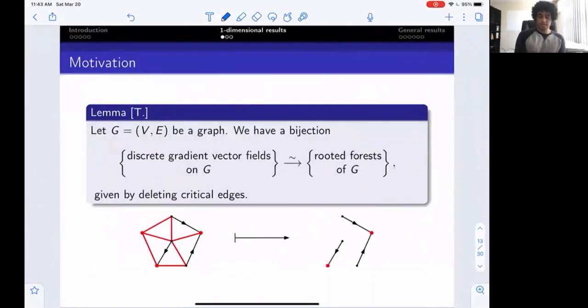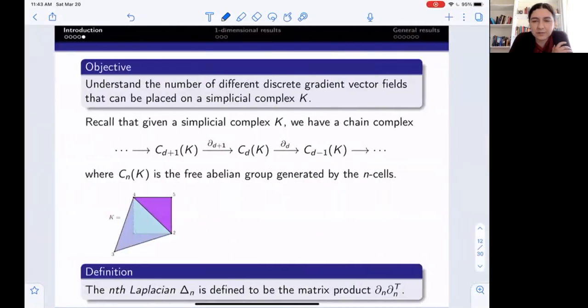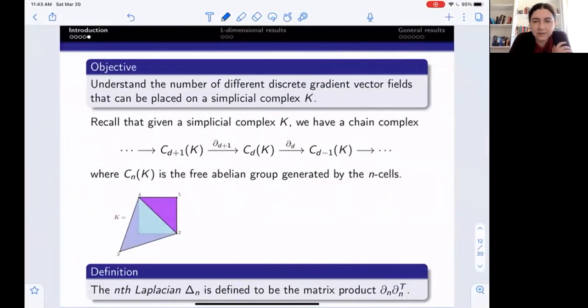Sorry, who's the graph in question? Because you have a simplicial complex. What is the graph? You said it's going to be the Laplacian for a graph. Is it the Laplacian for a graph or for the simplicial complex?